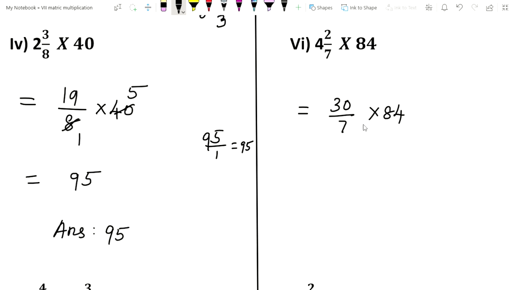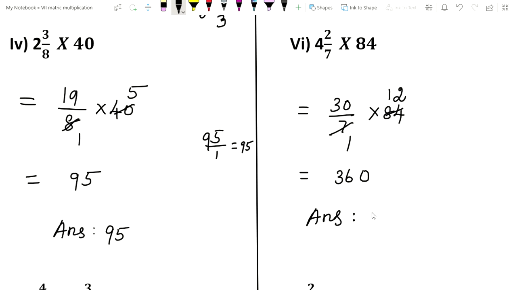And crossly you check. 7 ones are 7. In 8, it occurs one time. 1 sevens are 7, remaining 1, and next number for 14, 2 times it occurs, 12. Now you multiply this number. Here 1 0 is there, you put 0. Just you multiply 3 into 12. 3 12s are 36. So what is the answer children?